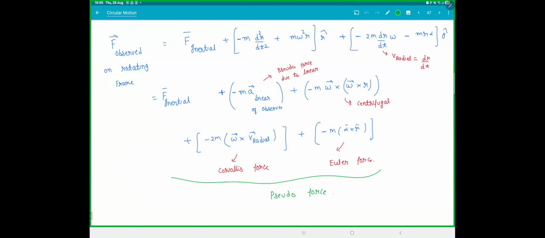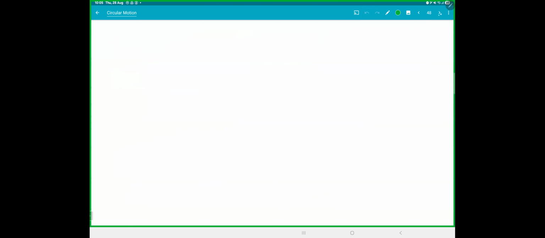Now let's break it down, simplify it more. Now in our case, uniform circular motion. We will keep it simple. We prefer to keep the observer in the center, at the axis of rotation.